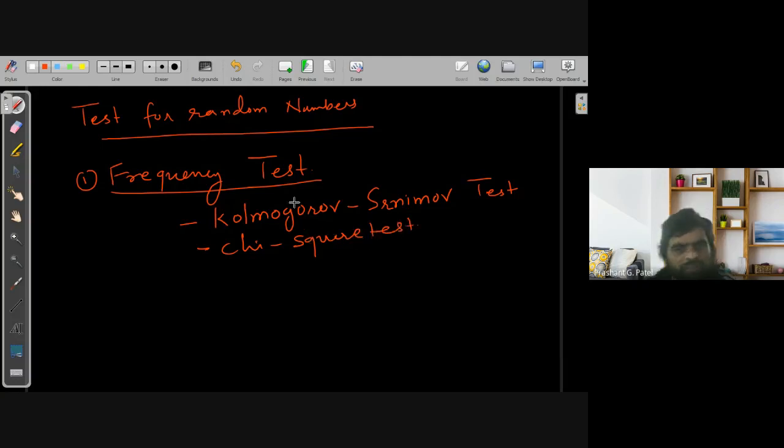What is the objective of both these tests? It is to test whether the given random numbers are uniformly generated or not. In short, we call the first test the KS test.